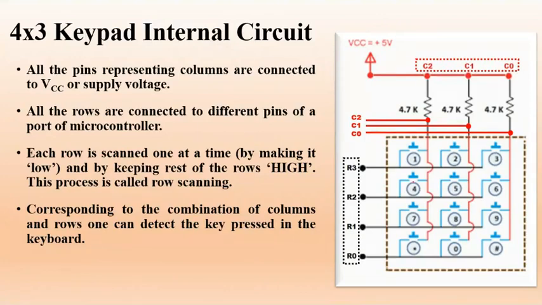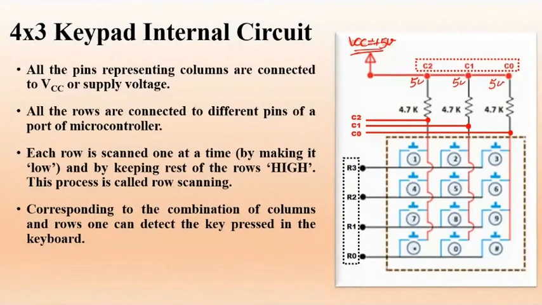So this is the internal circuit you have. VCC is here, which is equal to plus 5 volt. This is taken from the internet, so I don't remember the website. So this is 5 volt here at VCC, and you can see 5 volt is here, 5 volt, 5 volt and 5 volt.